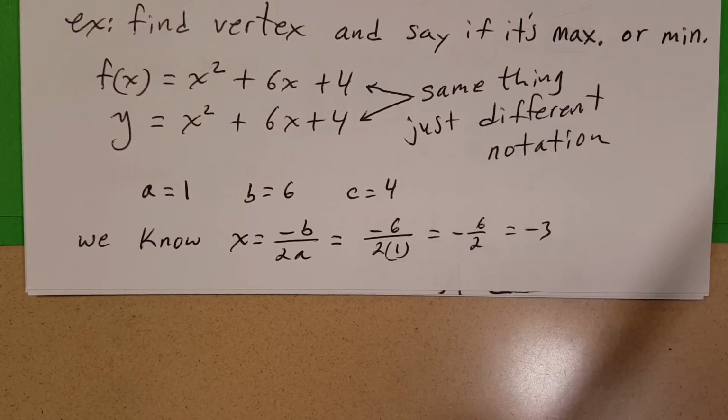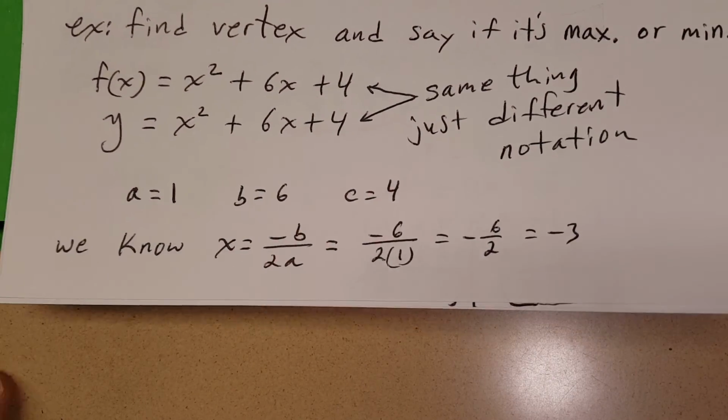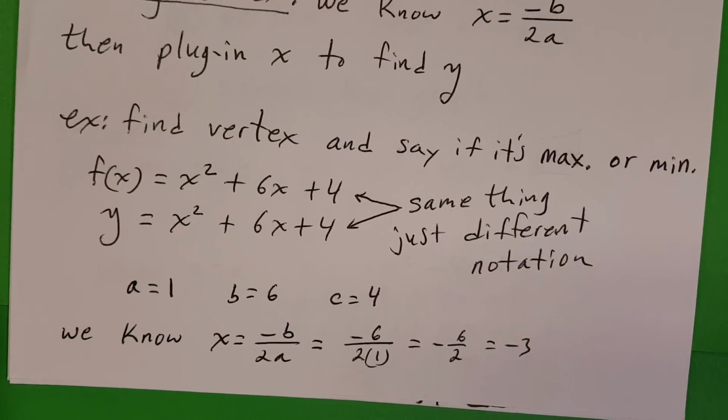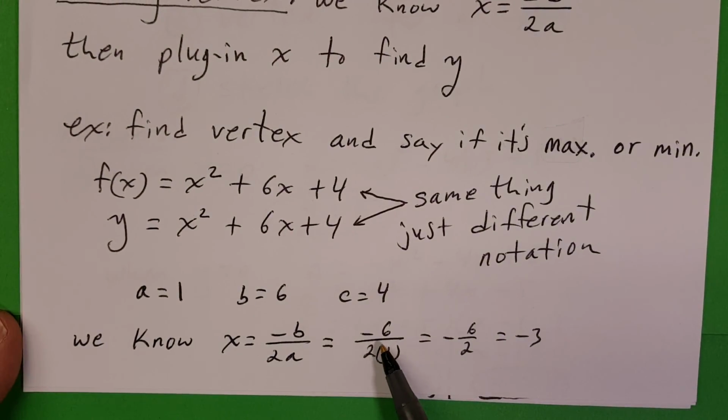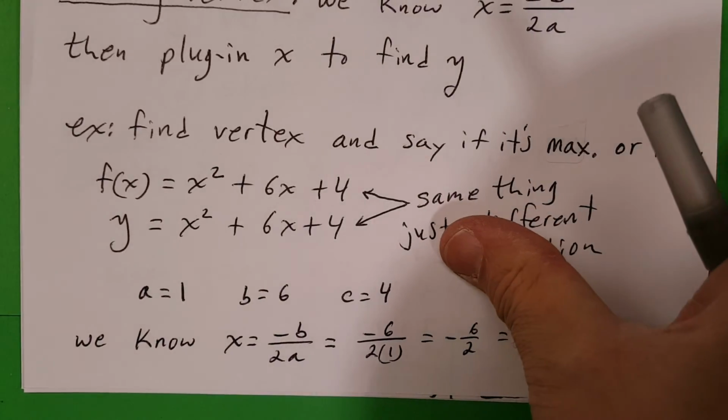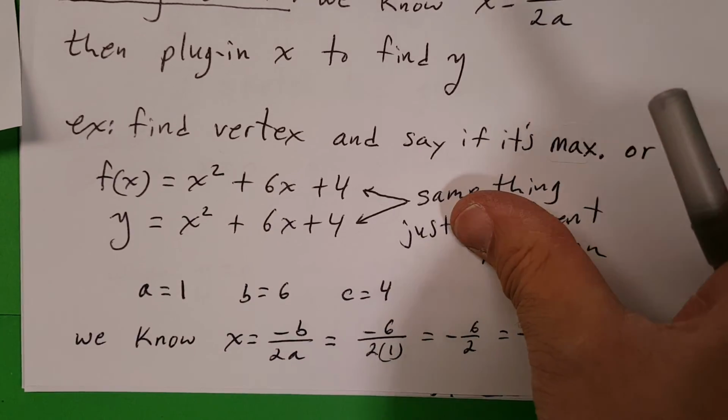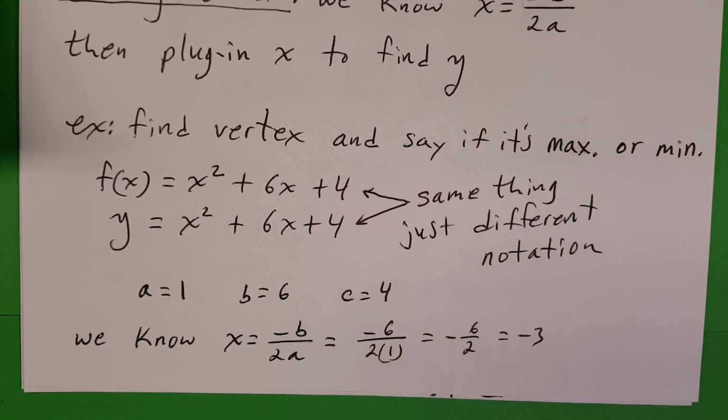So doesn't that make it negative 6 over 2 times 1, which comes out to negative 3, right? So we know that x equals negative 3 simply by this little formula here that we have for the axis of symmetry, right?